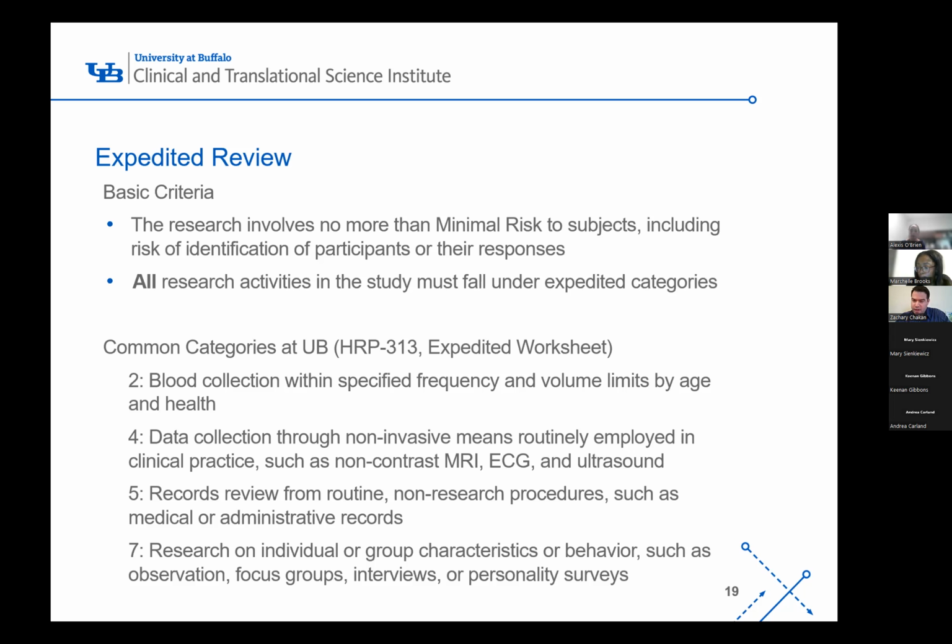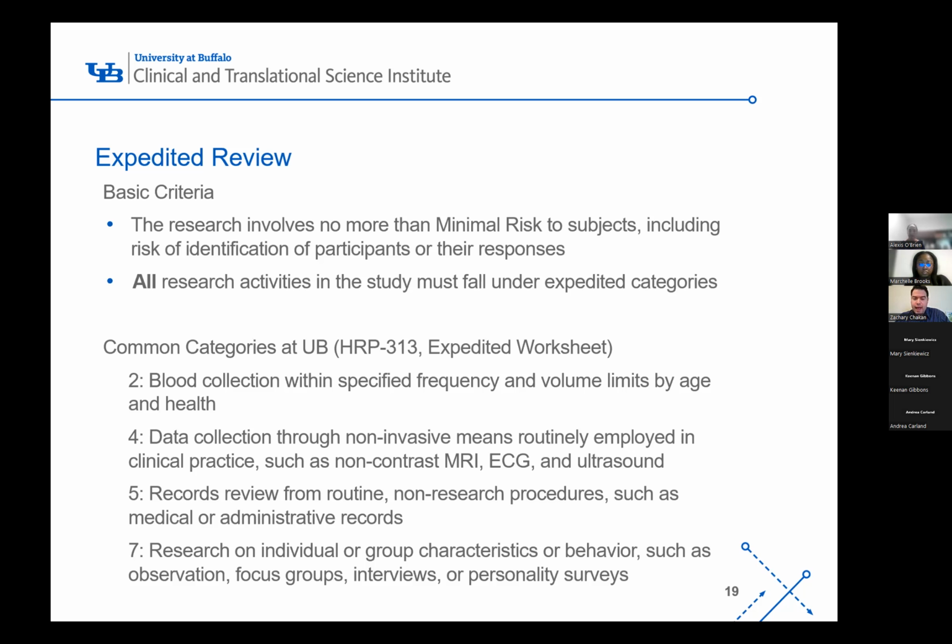We're definitely not looking to make your studies greater than minimal risk if they don't need to be. But sometimes, especially with board members who may have a higher level of expertise in a particular subject or topic, your study could get sent to the full board to make a risk determination.